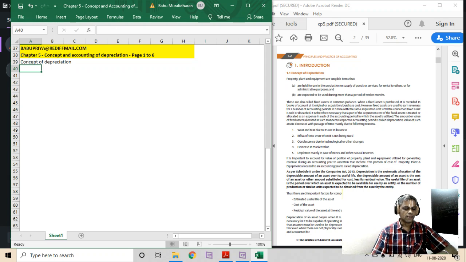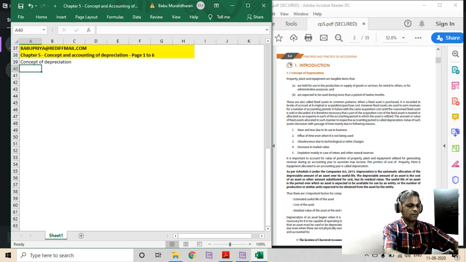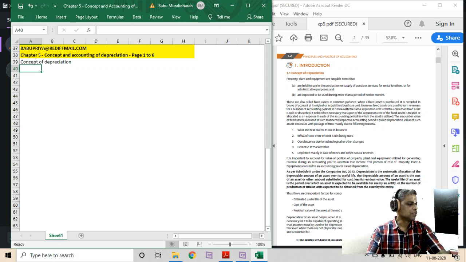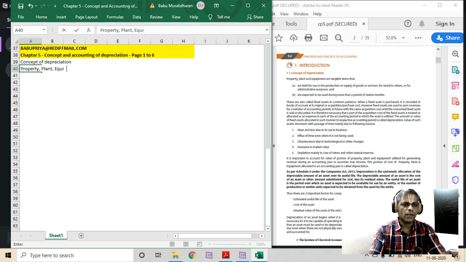Concept of depreciation. Depreciation is normally charged on plant, machinery, land, buildings, etc. Depreciation is normally charged on property, plant, equipment, and basically they are tangible assets.